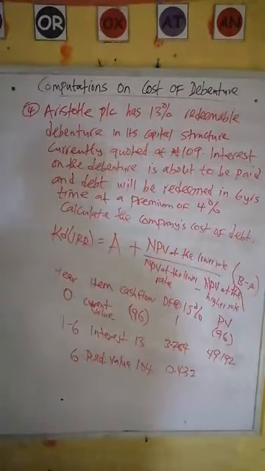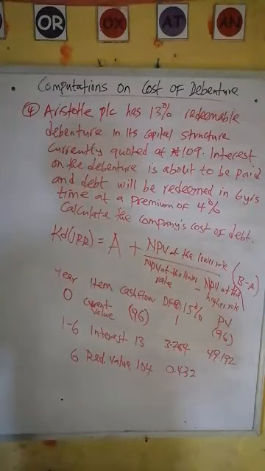So 104 multiplied by 0.432, we have 44.928.